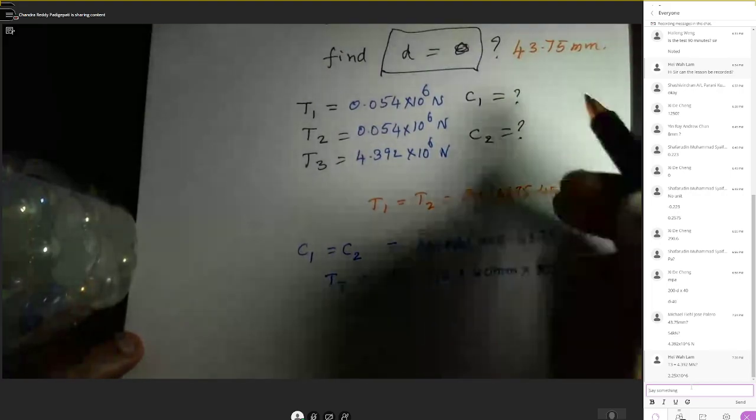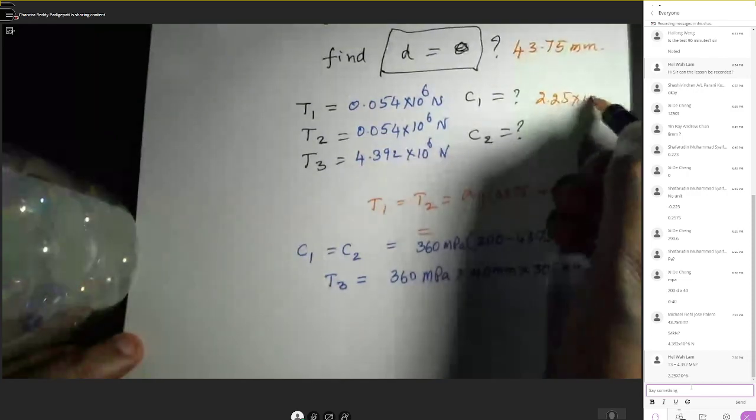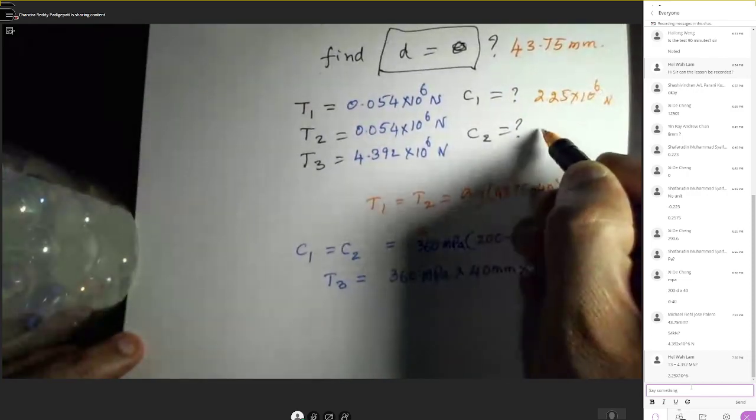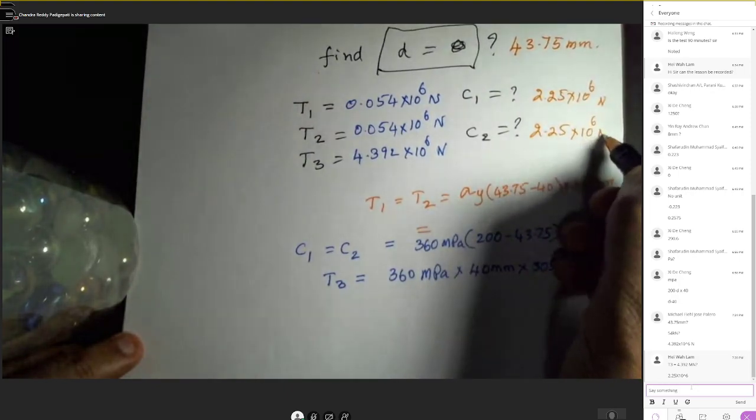That's correct, Heva. So we can write 2.25 into 10 power 6 newtons.